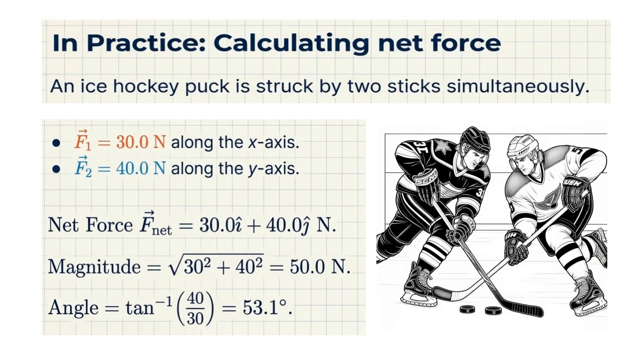The result is a net force vector with a magnitude of 50 newtons, calculated using the Pythagorean theorem. The direction of this net force is about 53.1 degrees from the x-axis, which we find by taking the inverse tangent of the ratio between the forces on the y and x-axes. This example shows how we can calculate the combined effect of forces acting at right angles in a practical, real-world situation.